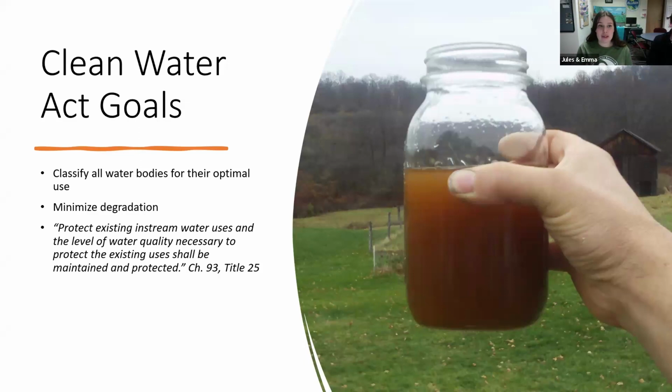So one of the main goals is classifying all water bodies for their optimal use. From that, they get to designate uses for existing uses and importance of what needs to be protected. There's action to minimize degradation, and then also just making sure that we are protecting and supporting those uses, as I mentioned before.